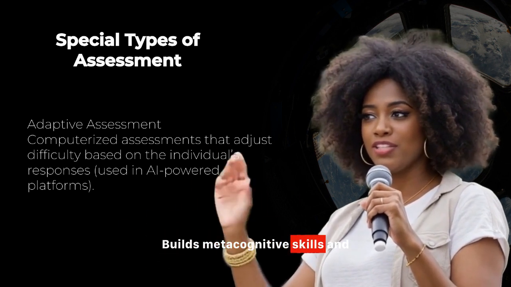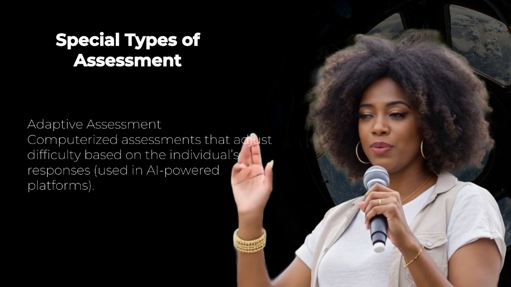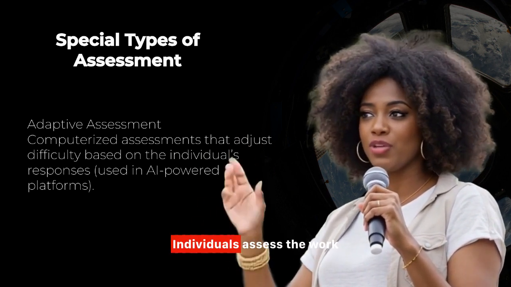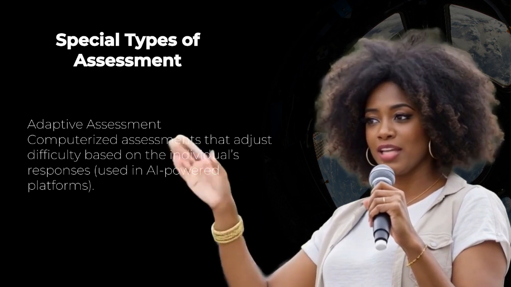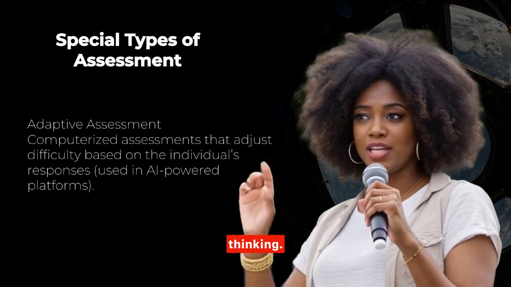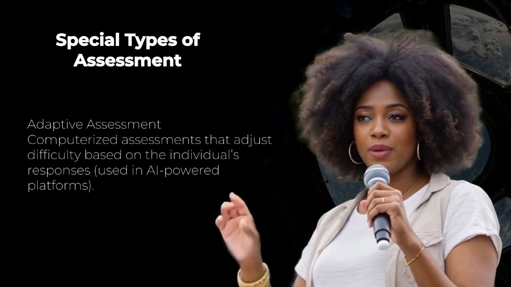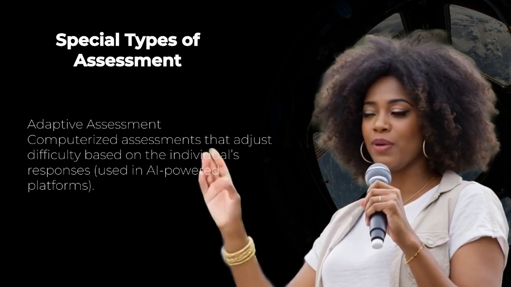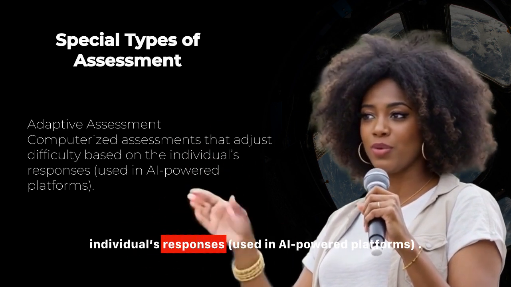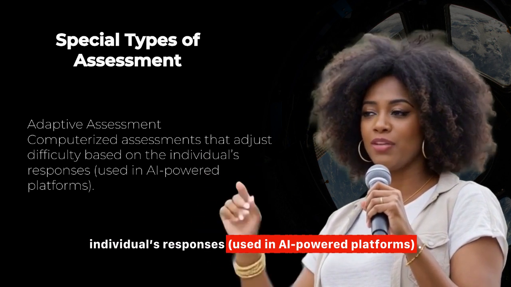Builds metacognitive skills and reflection. III. Peer assessment. Individuals assess the work of their peers using guided criteria. Encourages collaboration and critical thinking. IV. Adaptive assessment. Computerized assessments that adjust difficulty based on the individual's responses, used in AI-powered platforms.